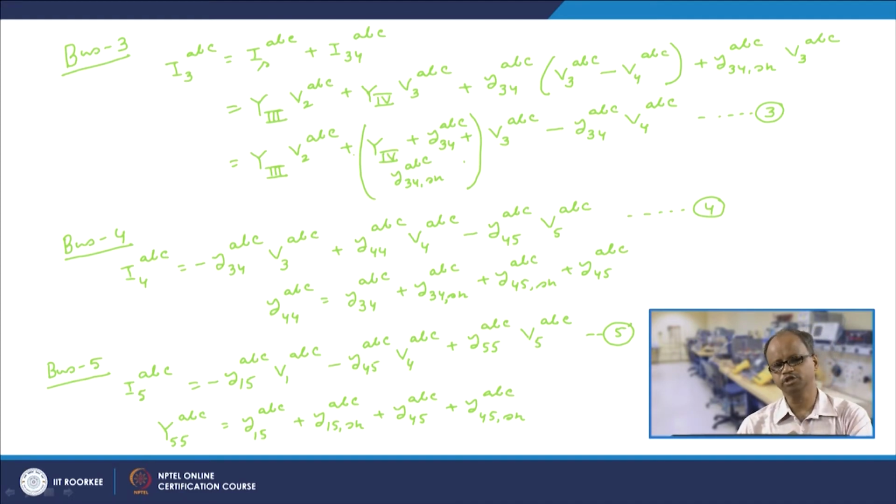Then the question is how do we evolve an automatic, computer based algorithm, so that these transformer matrices would be automatically embedded into the Y bus matrix?